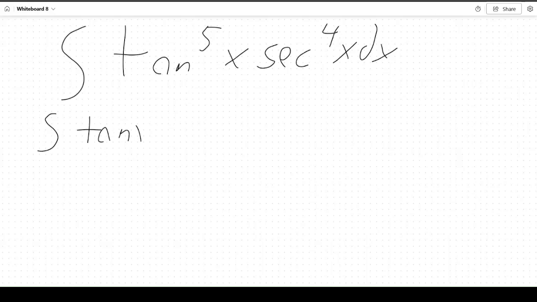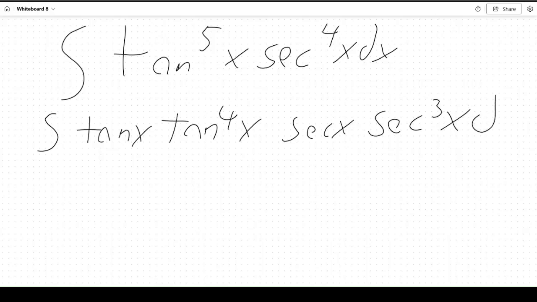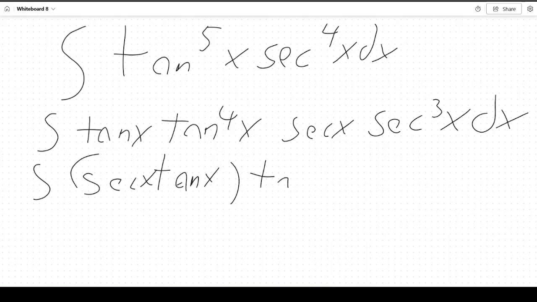So this would be tan to the power of 4x. And we can take out 1 secant from secant to the power of 4. So this would be secant to the power of 3x. So we have our secant x tan x over here, and we have tan to the power of 4x times secant to the power of 3x.